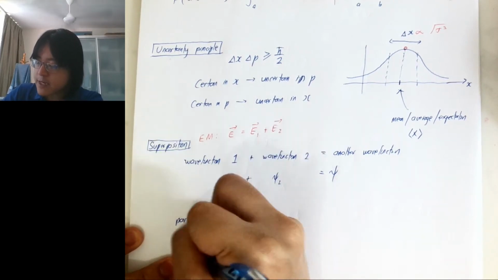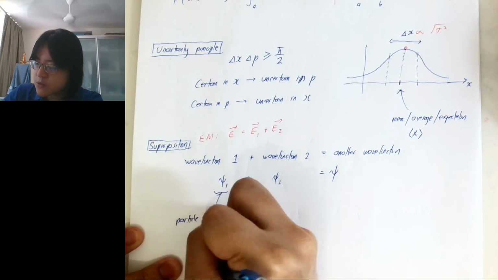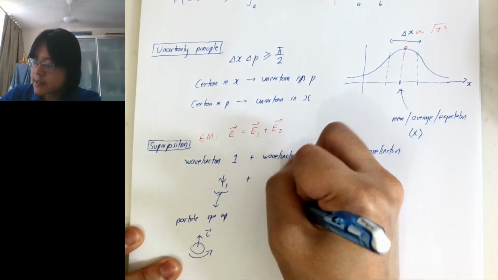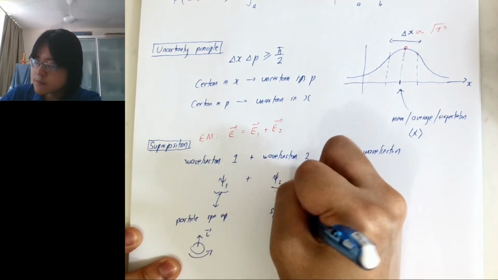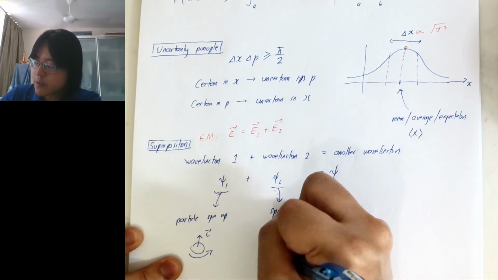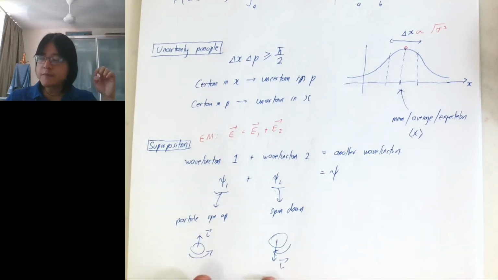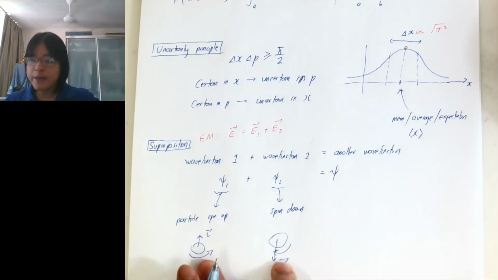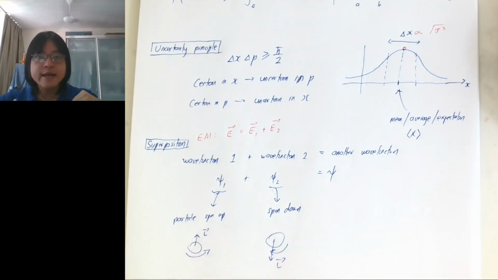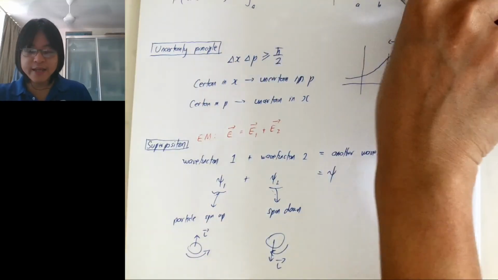Particle spin up means the angular momentum is rotating this way, and then this is spin down. The angular momentum is rotating the other way. So a particle can have spin up or spin down, but in quantum mechanics, they can exist in a superposition state.